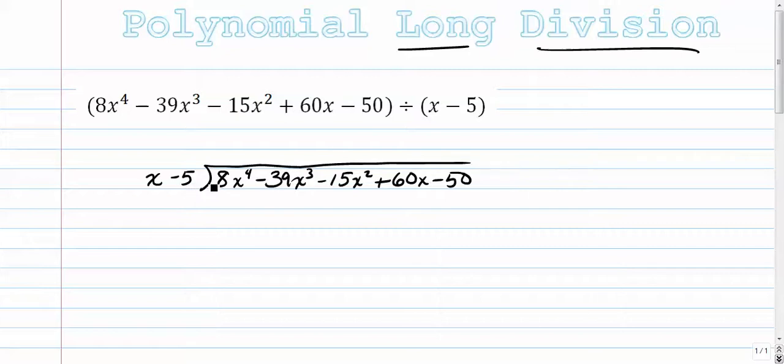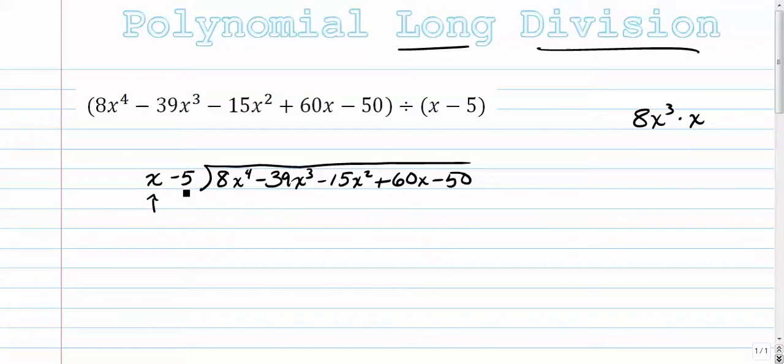So what I want you to do now is ask the question, how many times does the lead term x go into the lead term 8x to the 4th? And that answer, of course, is 8x to the 3rd. We're just looking at our lead term here. We're not worrying about the -5.